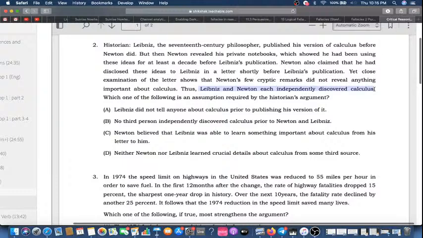But one basic assumption that one could have thought of was that maybe some third person taught both of them. In that case, Leibniz and Newton each independently discovered calculus will not be true. That means if you are saying that they discovered it independently, one of the ancillary assumptions definitely is that they did not copy it from some third source.